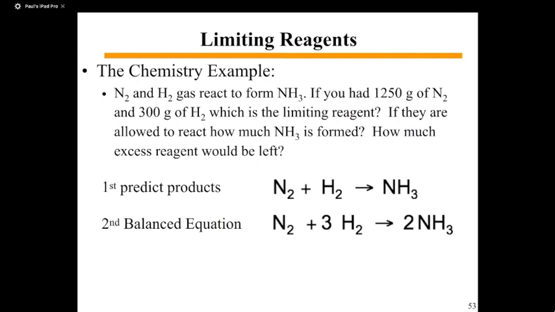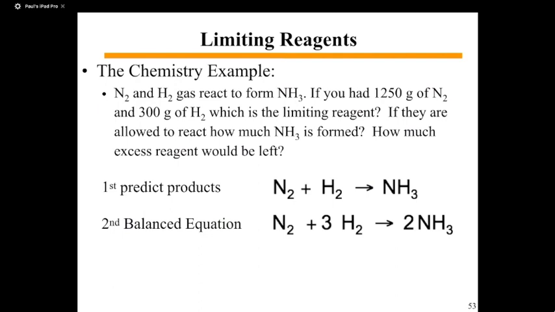Obviously, it's the one that's least, right? 300 is going to run out before 1,250 all the time, right? Okay, standardized tests, that may or may not be true. You can't just look at the grams at the beginning. If they're allowed to react, how much ammonia is formed and how much excess would be left over?